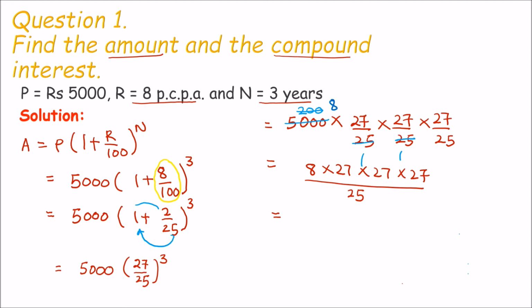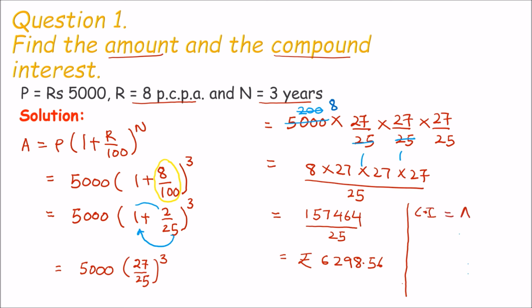So we will get 1,57,464 divided by 25. Now we will divide it by 25. We will get 6298.56. That is the amount. So the amount is 6,298.56.